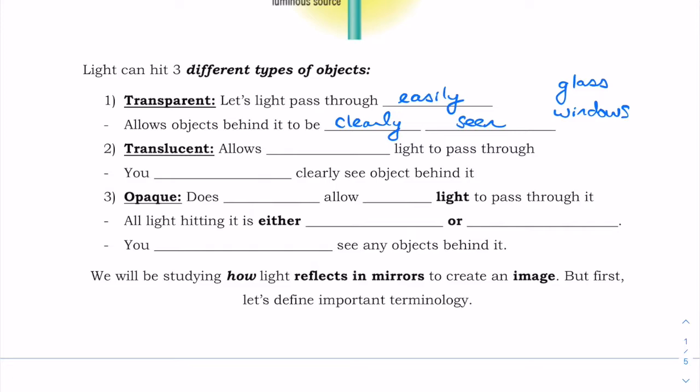Next up, we have translucent objects. These objects only allow some of the light to pass through. You wouldn't be able to clearly see an object behind a translucent object.